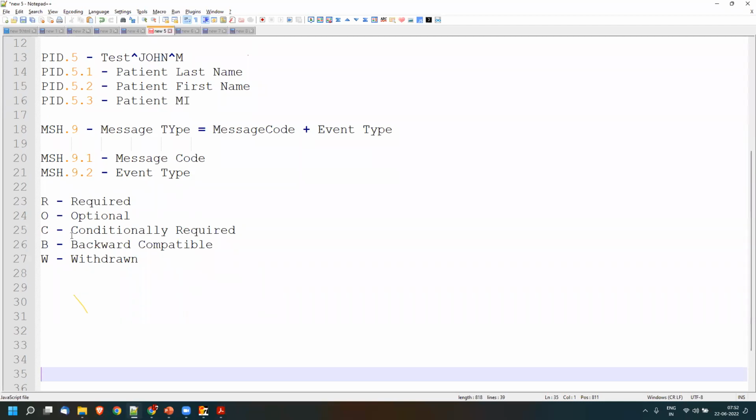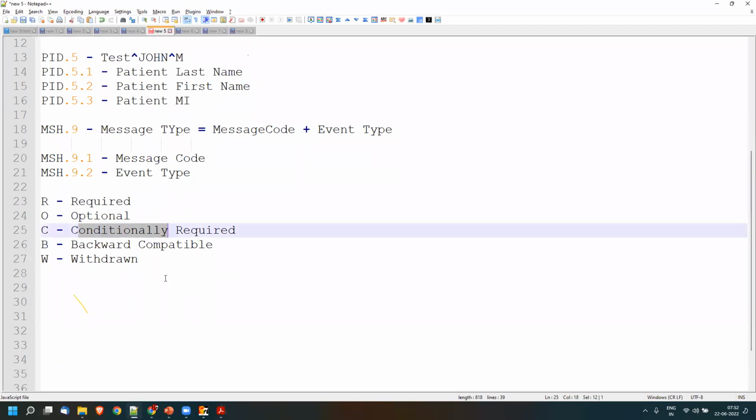If you see conditionally required, it means that this particular field's data is dependent on another field within the HL7 message, or it may be dependent on a certain functional reason in the real-time world. We'll talk about this conditionally required down the line with examples.